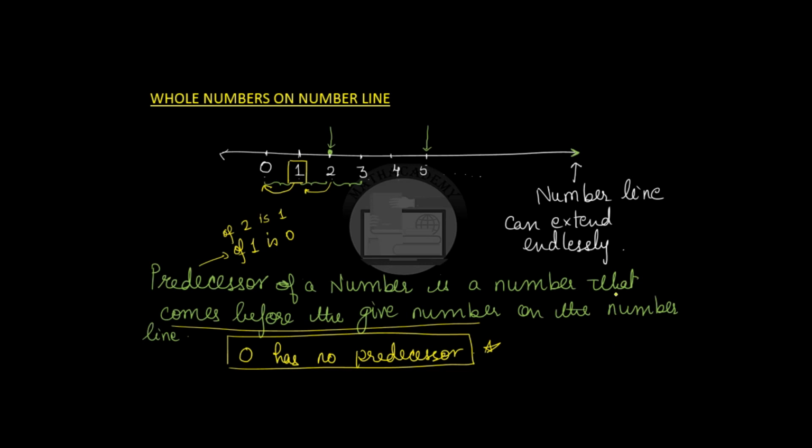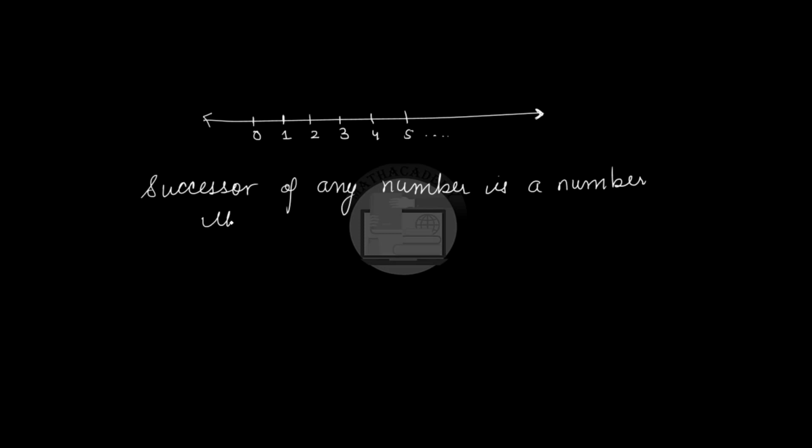Okay, now let us see the property of successor. What is the successor of a number? Successor of any number is a number that comes after the given number on the number line.